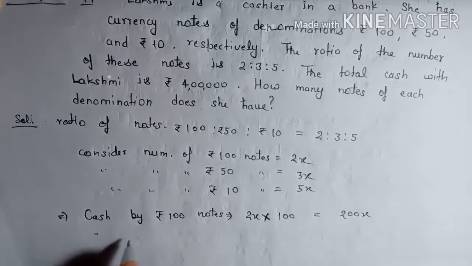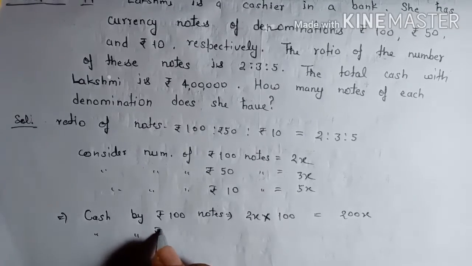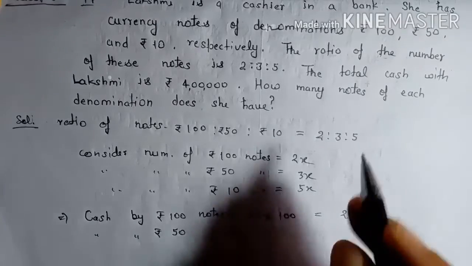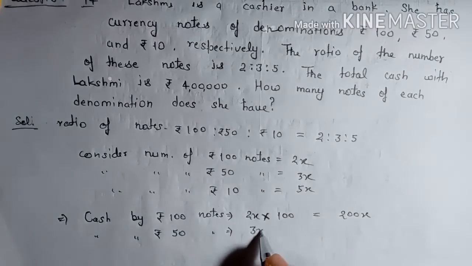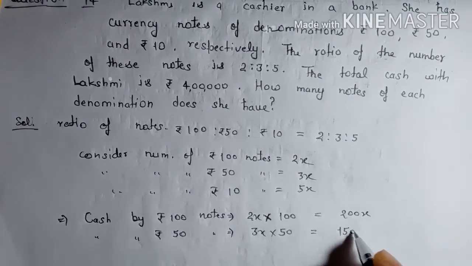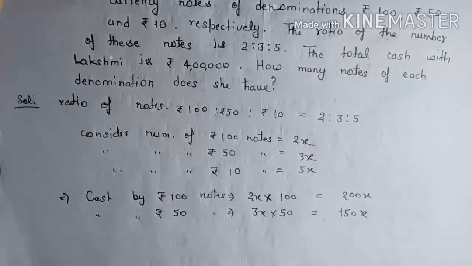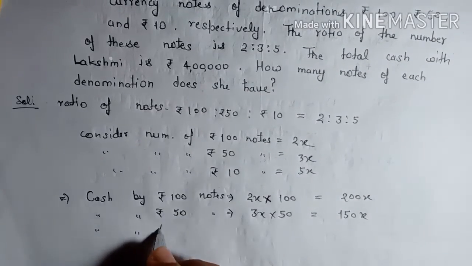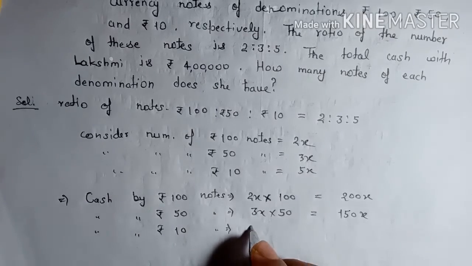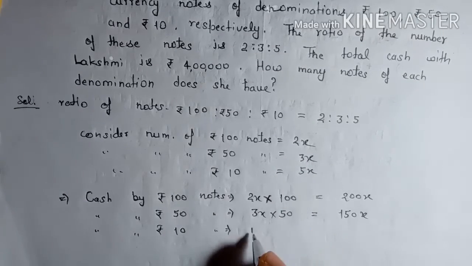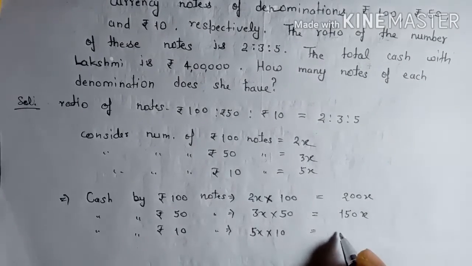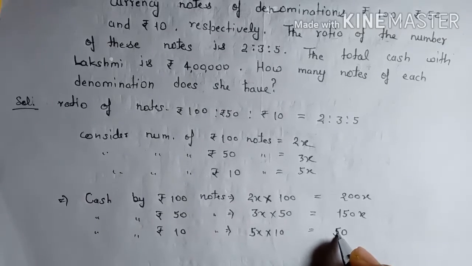The same cash by rupees 50 notes will be, that is 3x, so 3x into 50, and it is 150x. And the same thing cash by rupees 10 notes will be, it is 5x here, so 5x into 10, so it is 50x.